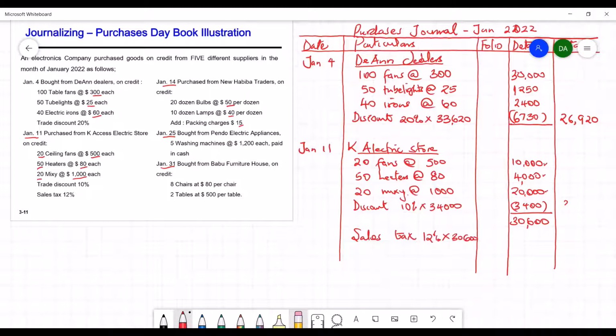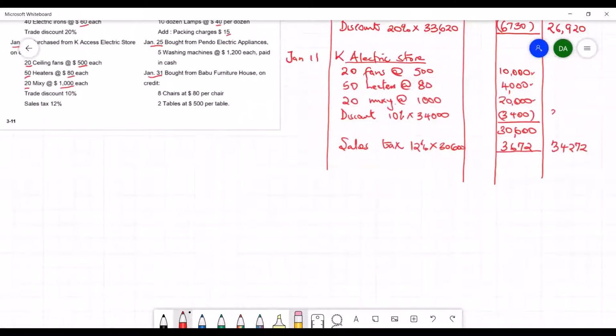If we multiply that by 12%, we're getting 3,672, which we now add to 30,600 in order to get 34,272.